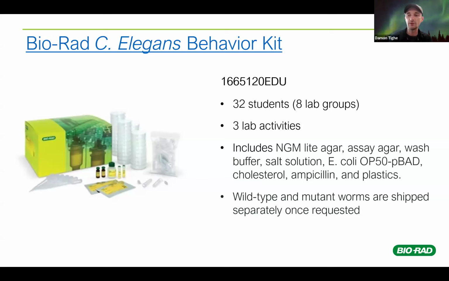Or say if you grew those plates at a high temperature, above 30 degrees centigrade, they will start to associate salt with warm temperatures that they do not like, and they will actually run away from the salt in the assay. You could do a similar thing with sunlight.